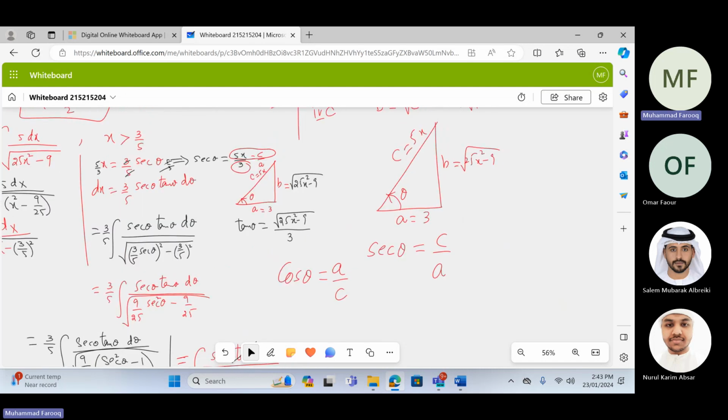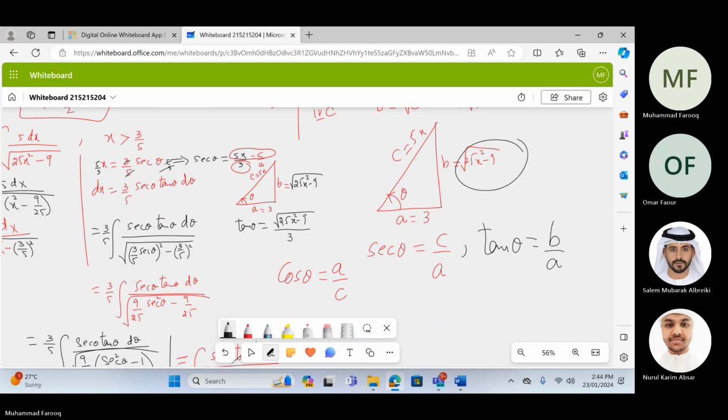If you have a right triangle A, B, C, tan theta is B over A. So B is the square root of 25x squared minus 9, and A is 3. That's why we got the square root of 25x squared minus 9, divided by 3. Hope you understand.